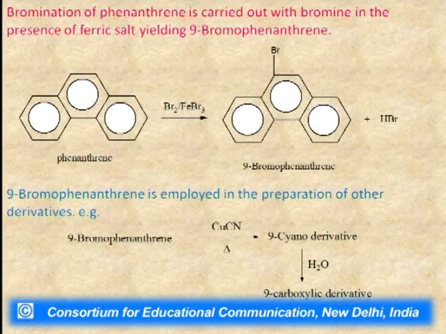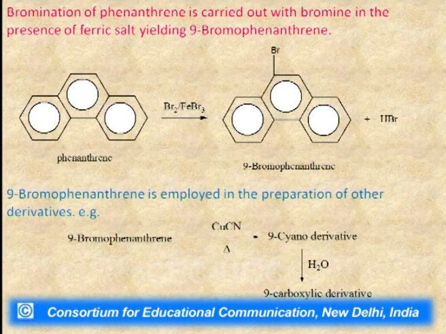Same as chlorination, bromination can also be done, but this bromination requires a ferric salt, yielding bromination at carbon number 9, and we will get this 9-bromophenanthrene. This 9-bromophenanthrene is a very important compound, since it can be used in many preparations.